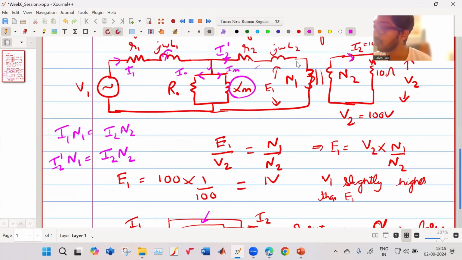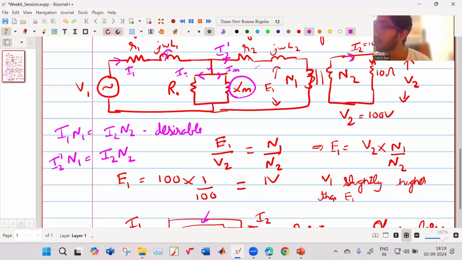In the current transformer, we want I1N1 to be equal to I2N2. This is a desirable condition. But what is happening is, we are getting I2 prime N1 is equal to I2 N2, right? So what is happening? This I0 and Im is the cause. Because I0 and Im is there, that is why my I1 is not equal to I2 prime.